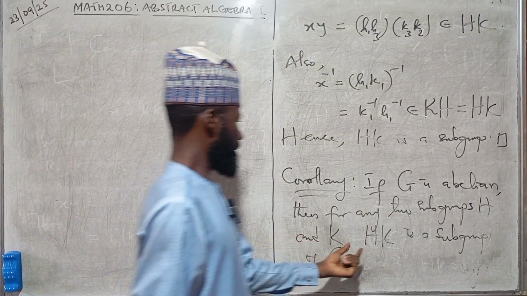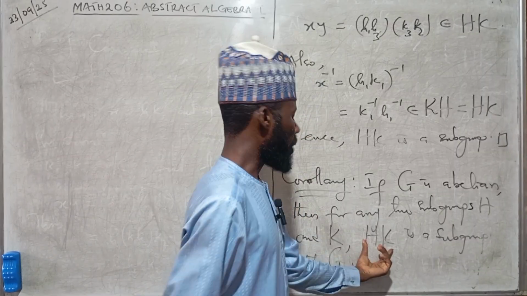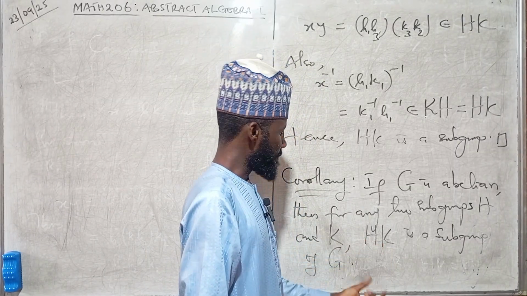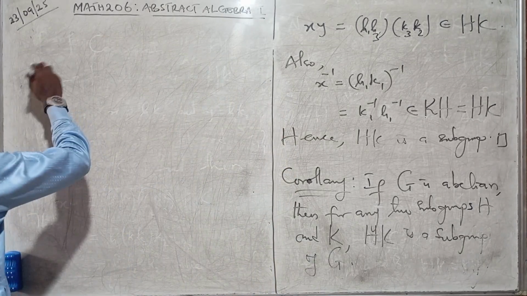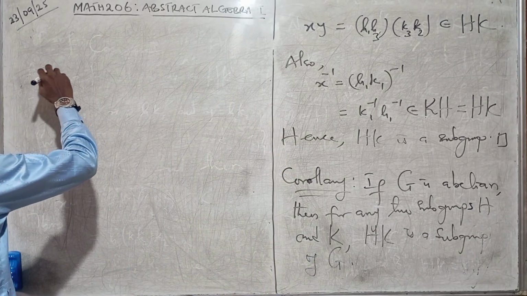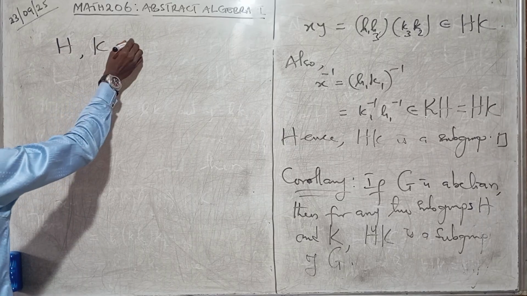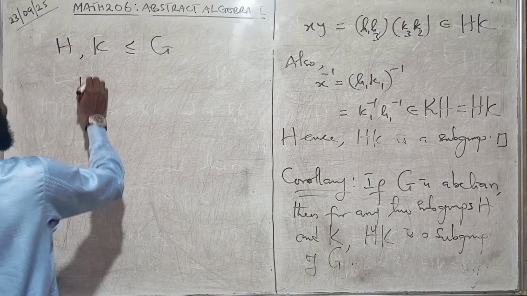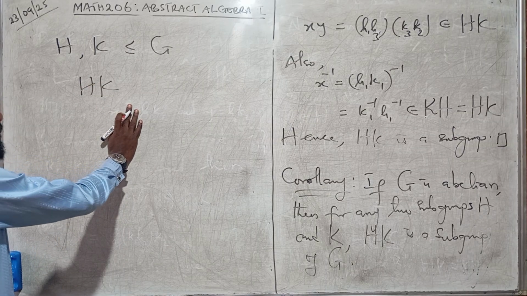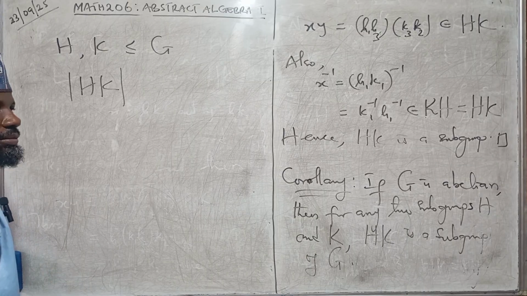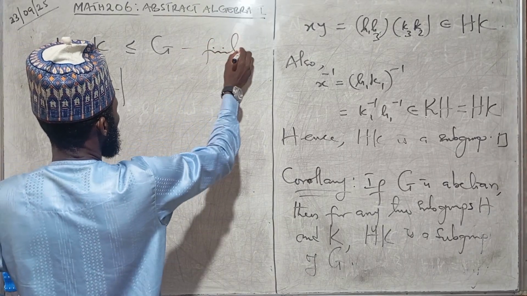You may want to ask about this subset in general, how many elements are there in the subset? If H and K are subgroups of a group, HK may not necessarily be a subgroup, but the order may be of special interest. That is in the situation where G is finite.